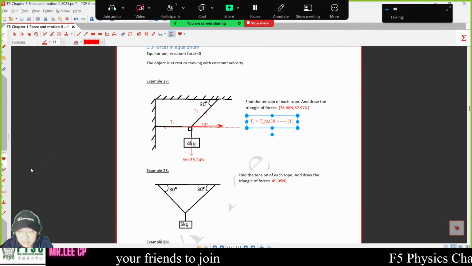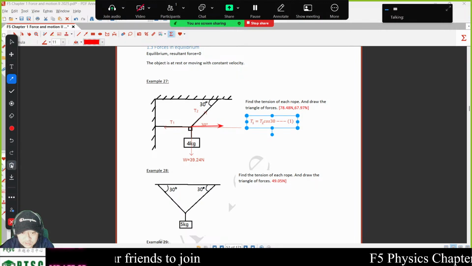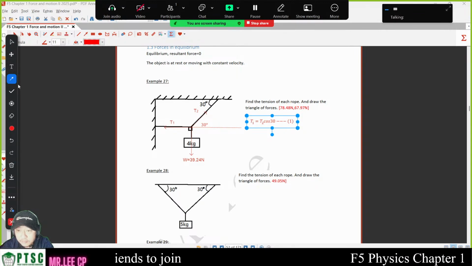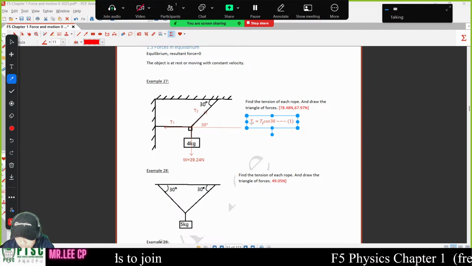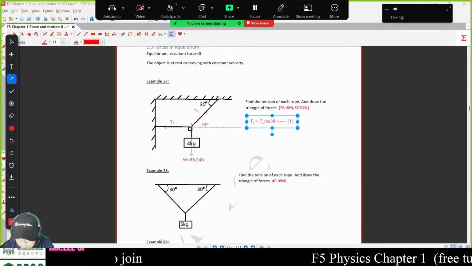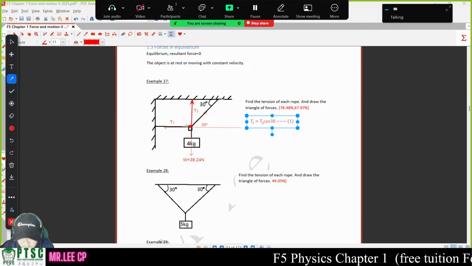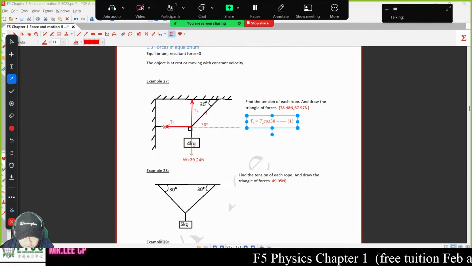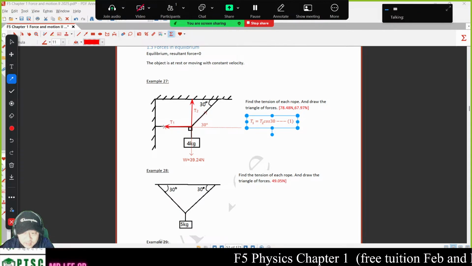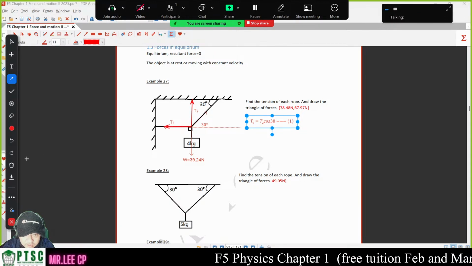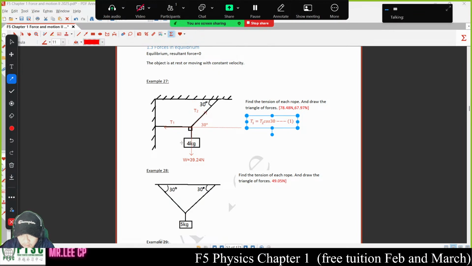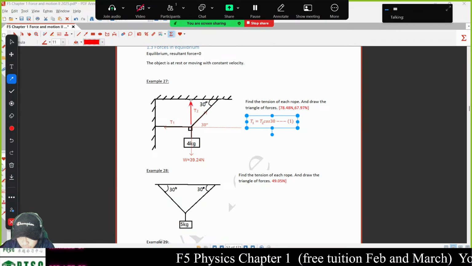Now I want to see the forces that go up and down. This one has two unknowns, T1 and T2, so I cannot solve it yet. So I am going to bring this force up. This force goes to the left only, so it does not contribute anything upward. No need for this one. Now the second force is T2. I bring it up to here.